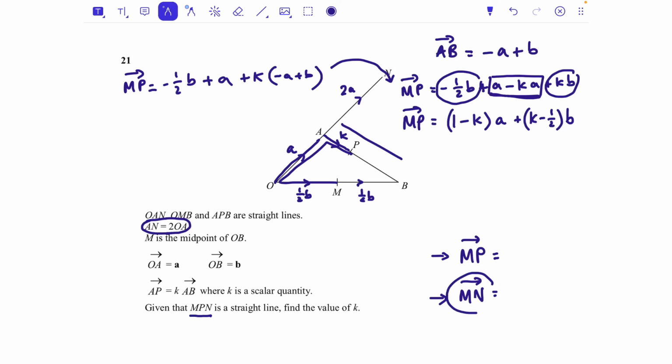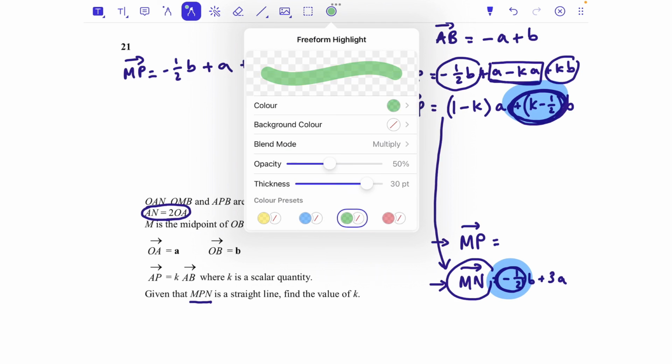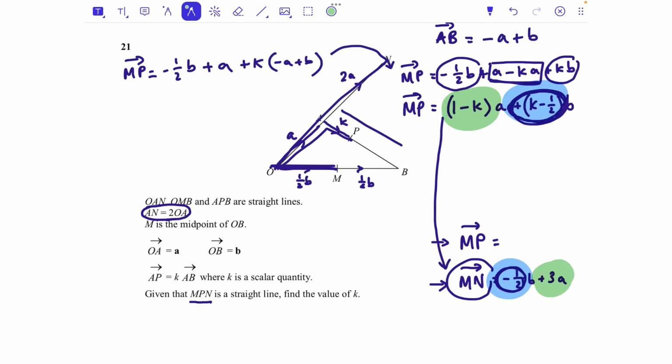Now I'm going to look at M to N. And M to N would be going back against this bit and then all the way up to the top. And that's going to be minus a half B, add 3A. Now, because we know that this makes a straight line, I know that MN is a bigger version of MP. So whatever it's been multiplied by, to get from MP to MN, this term here to this term here will be the same scale factor as this term here to this term here.